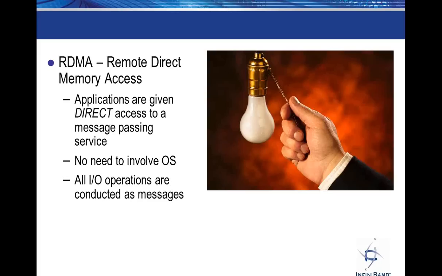It's not streams of bytes, it's really messages. And we also felt that we needed to avoid the involvement of the OS. So those things together, applications given direct access to message passing, no need for OS involvement, and operations conducted as messages led us to what you might think of as a new basic I/O model.